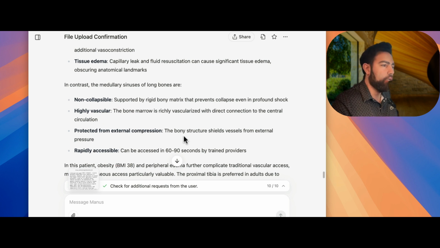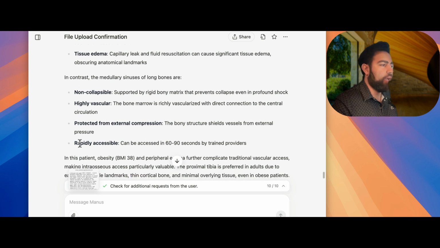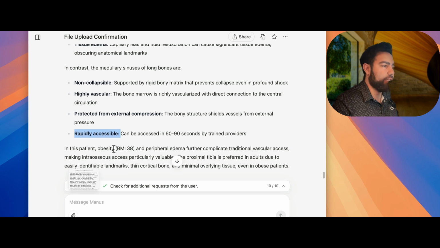So if the patient has peripheral edema and external compression from any other reasons, these bony structures are way easier to access, and they're very rapidly accessible. 60 to 90 seconds, once you learn how to place one of these, you will see how easily they can be accessed.